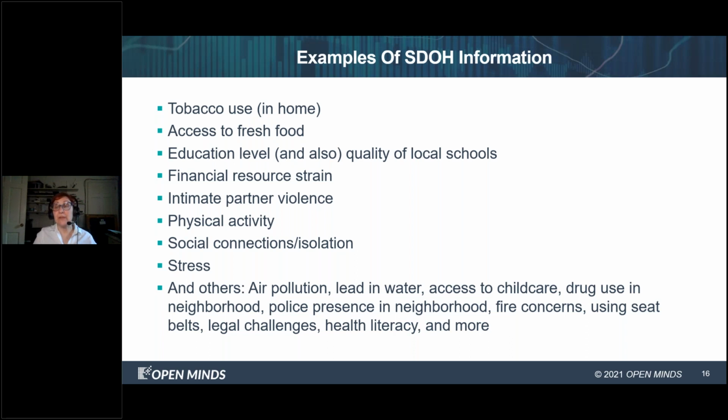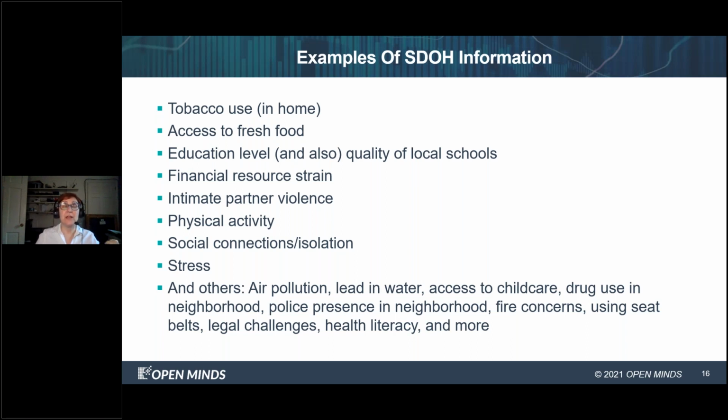So some examples of the kinds of things people are asking about are social determinants of health because they have a specific and direct effect on health status. Tobacco use in the home, so kids who grow up with secondhand smoke or adults who live with secondhand smoke.